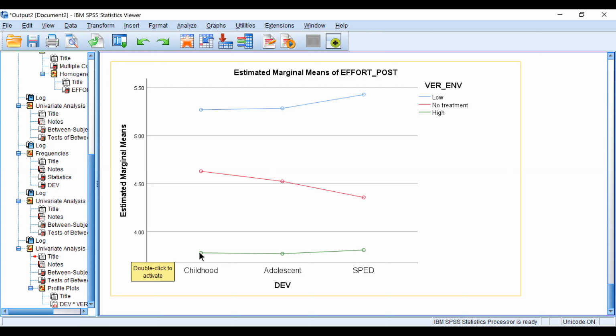It's called a main effect. Type doesn't matter. These are all low, and they're all considerably lower. They're all statistically significantly lower. You can't tell that from the graph, although you can kind of see the trend. But you can't tell the significance test without doing those post-hoc tests. But it's nice also to be able to see it.